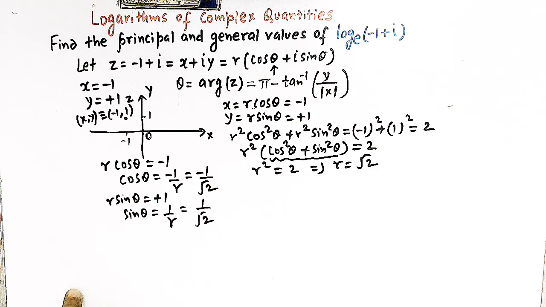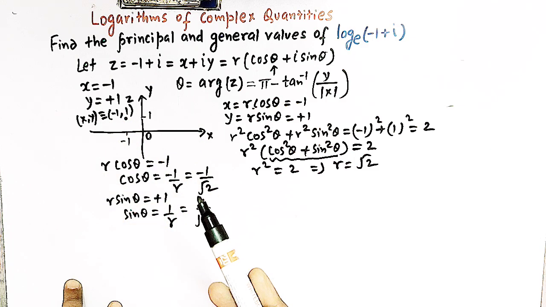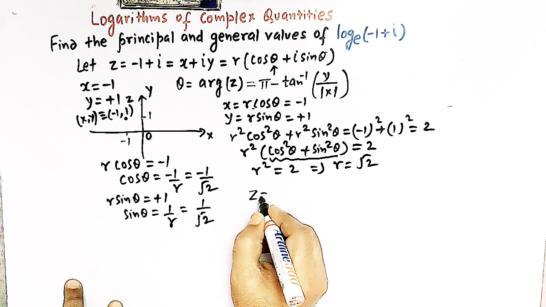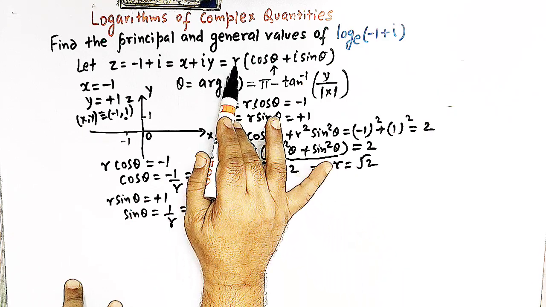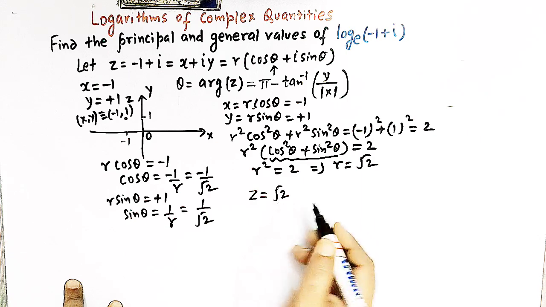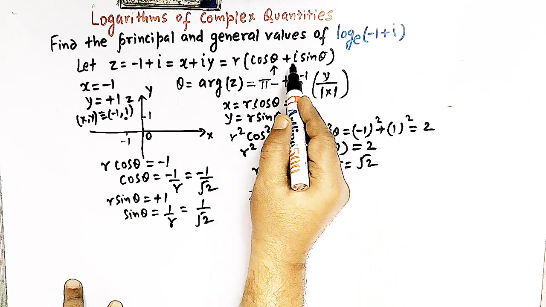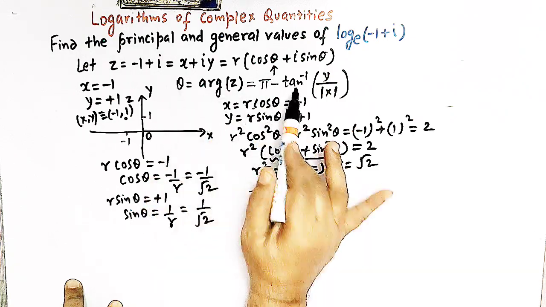Okay, so now if we convert this complex number z into polar form, then we can write z is equal to square root of 2, here r is square root of 2, and we have cosine theta plus i sine theta. Right, now theta is given by this expression.